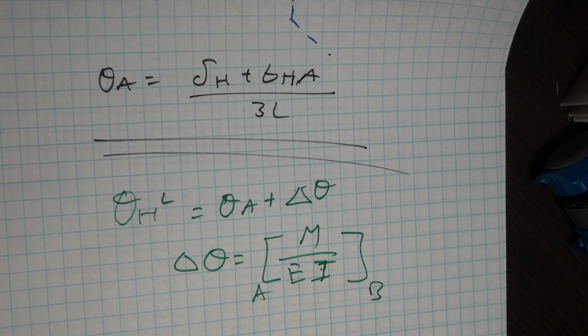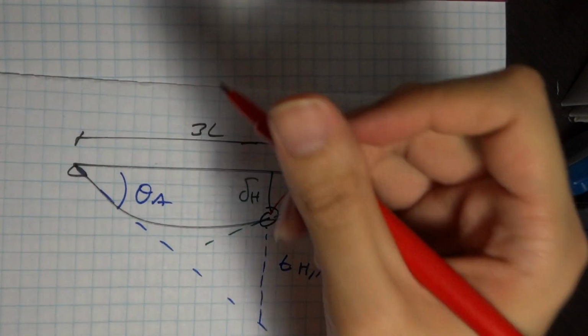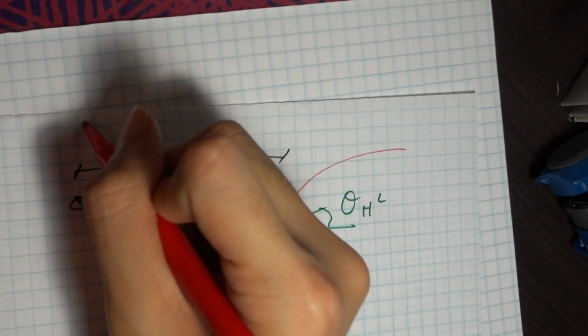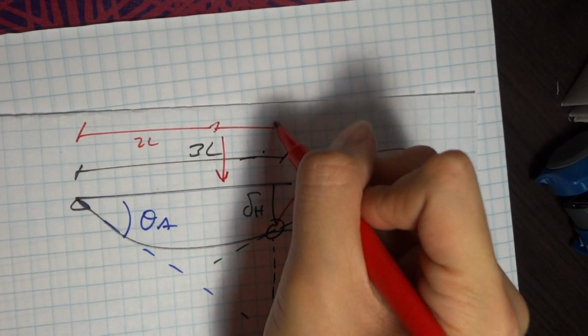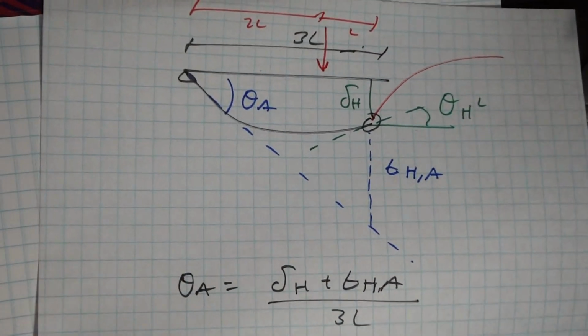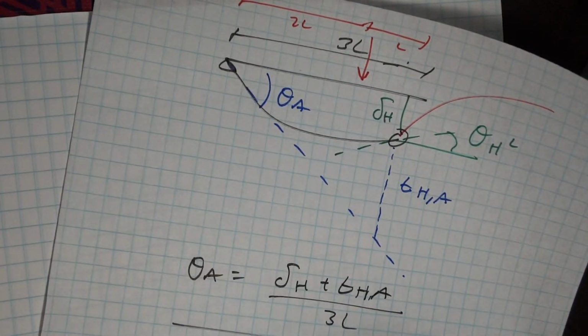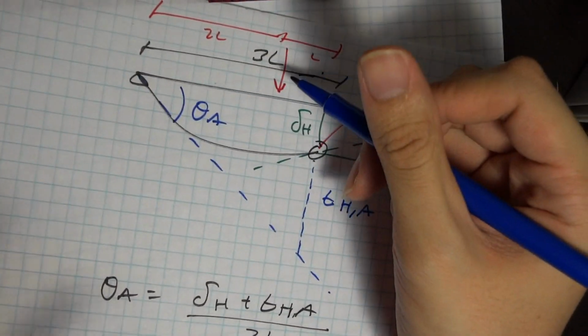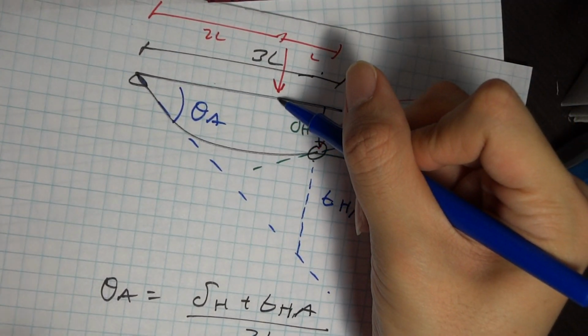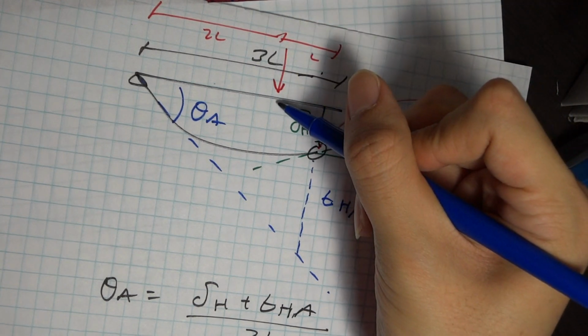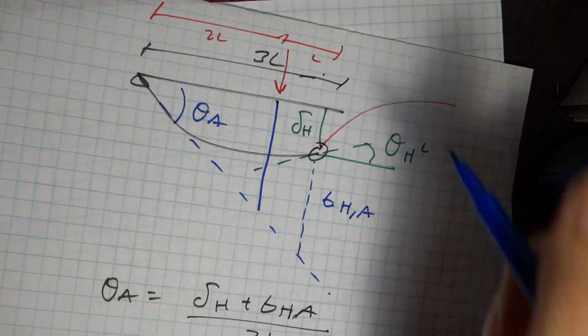The last thing I need is the deflection under the point load. The point load is here. This is 2L, this is L. With theta A, I can now get this height.